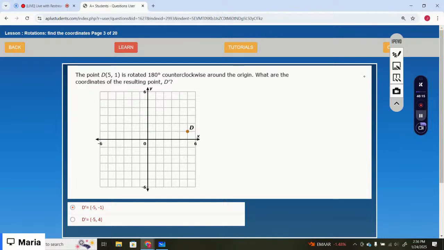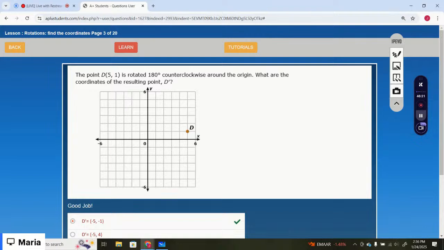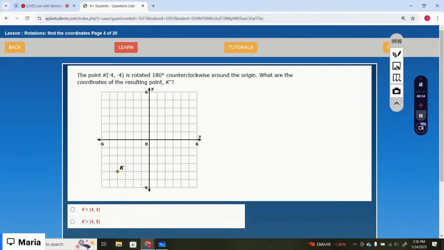The correct option is option number 1, that is -5 and -1. The new coordinates are -5 and -1.